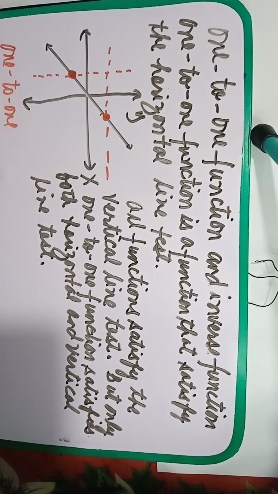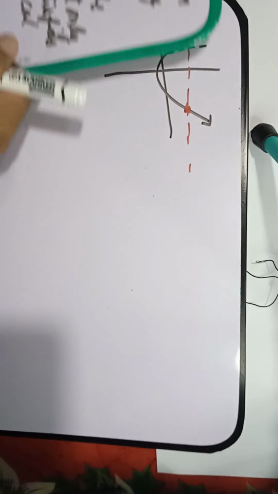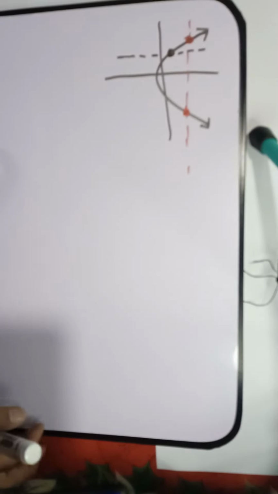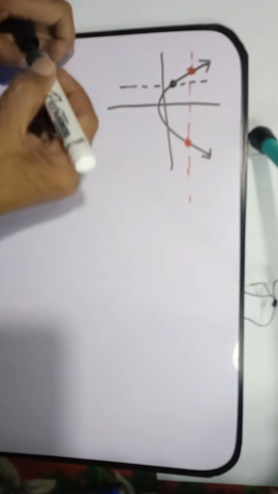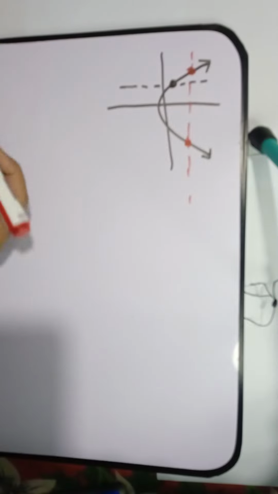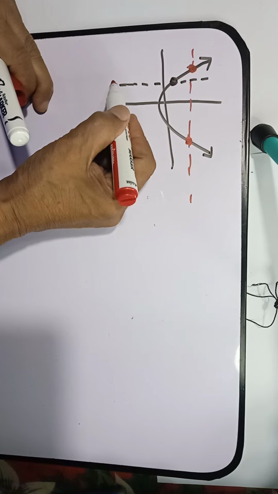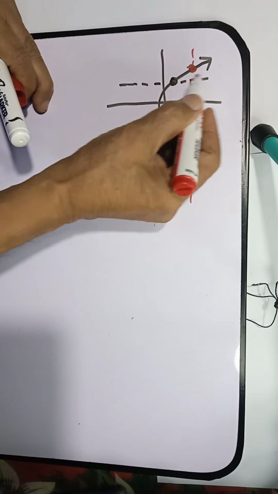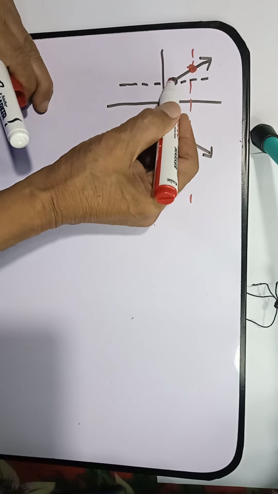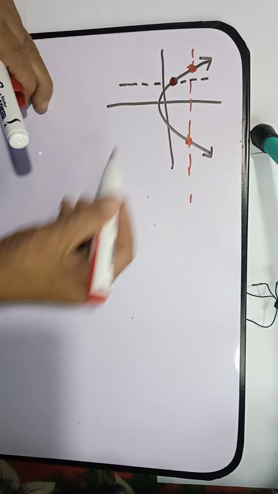Okay, let me give you another illustration. Another graph. This graph passes the vertical line test, because the vertical line drawn here passing through the graph intersects the graph at one point like here.